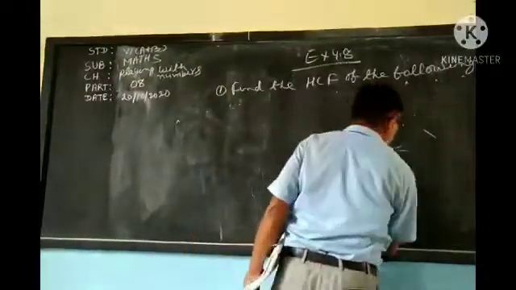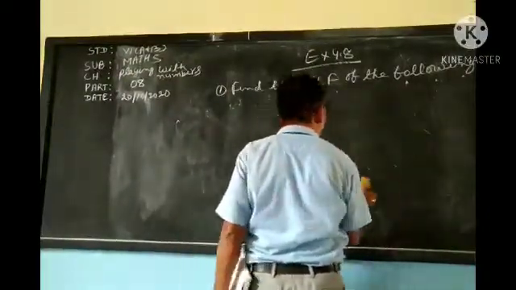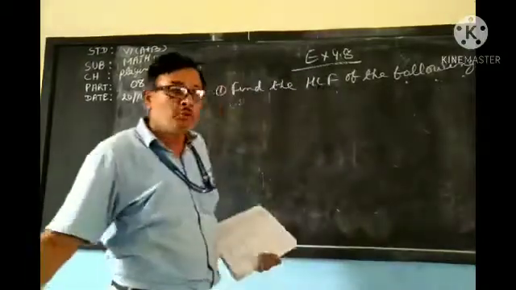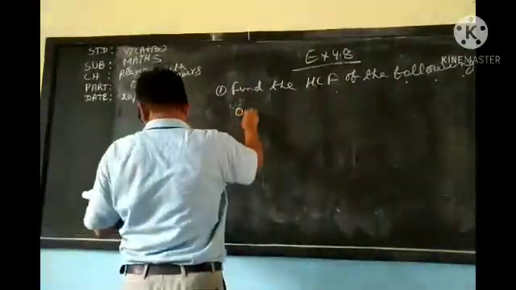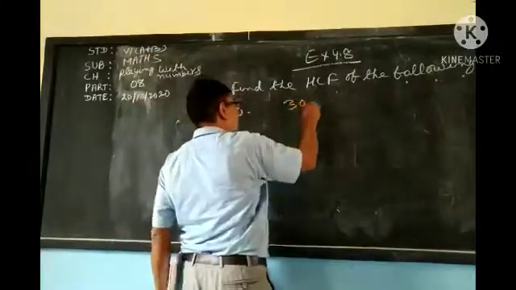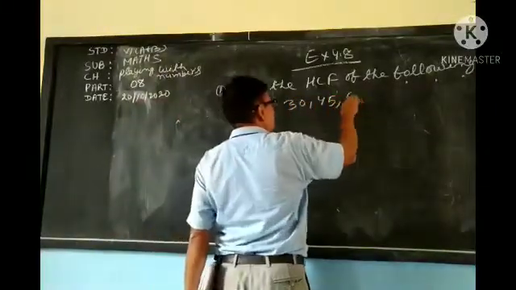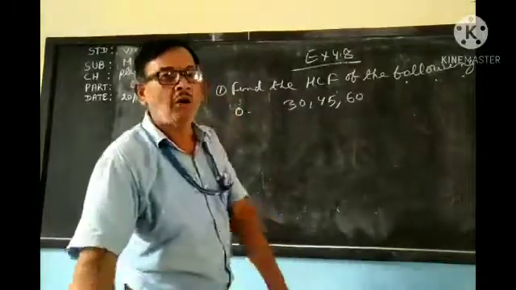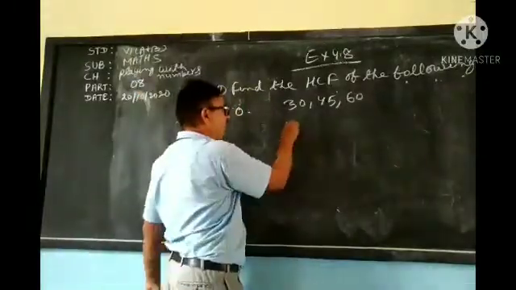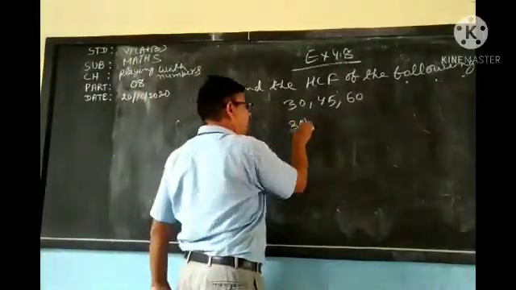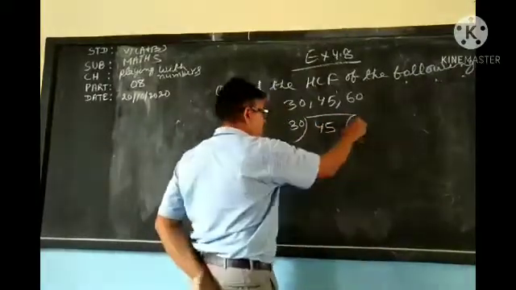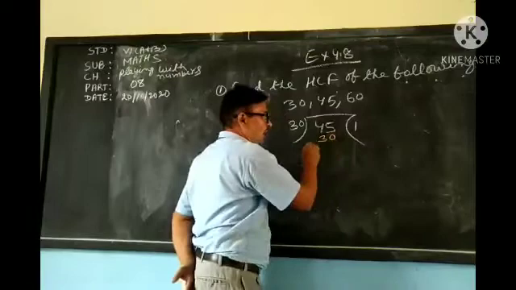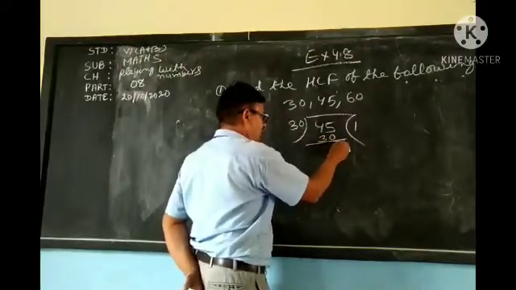Now my dear students, one more question I am going to solve. Here I am using the division method. Keep that in your mind. First I have done with 2 methods, but now I will solve 30, 45 and 60. See this one, how you can solve. 30, right? Here the smallest number is 30. Divide 45 by 30. One time it will go. Subtract.